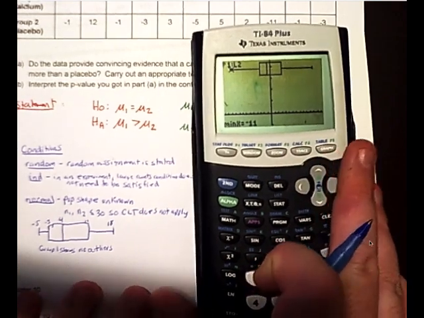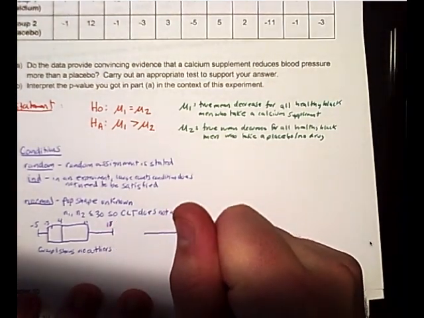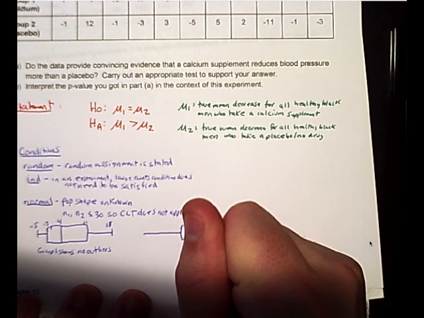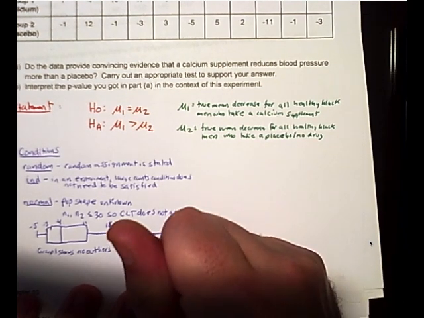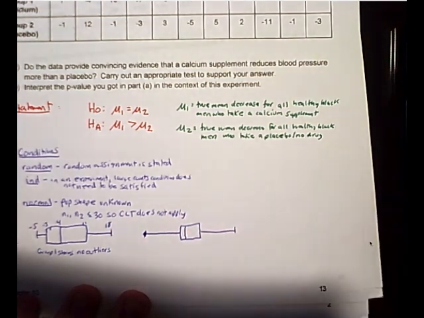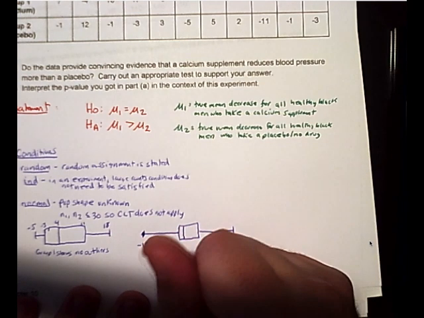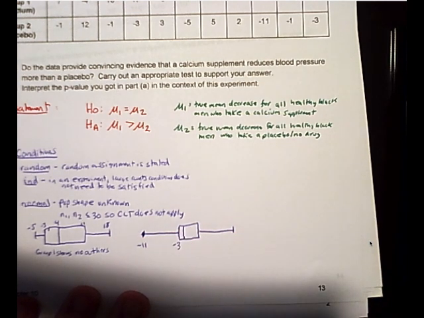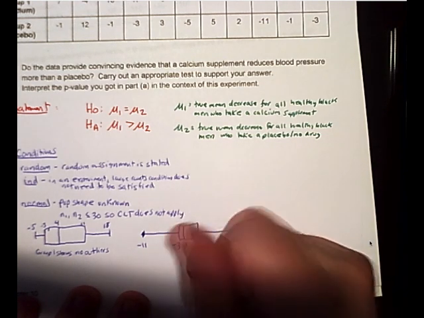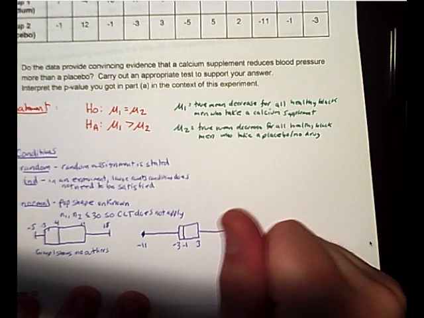All right, so I can copy that one, much longer tails. -11, -3, I'm just tracing on my calculator, -1, 3, 12.